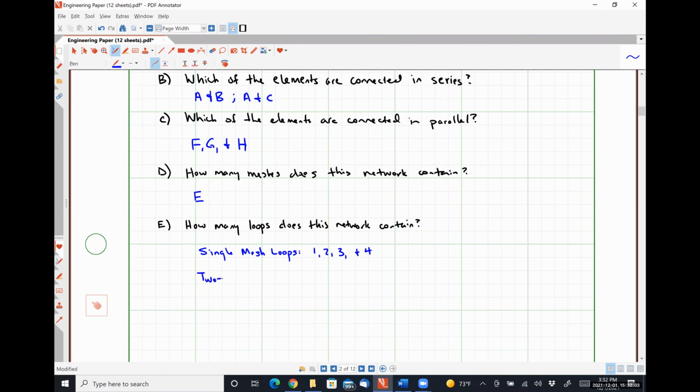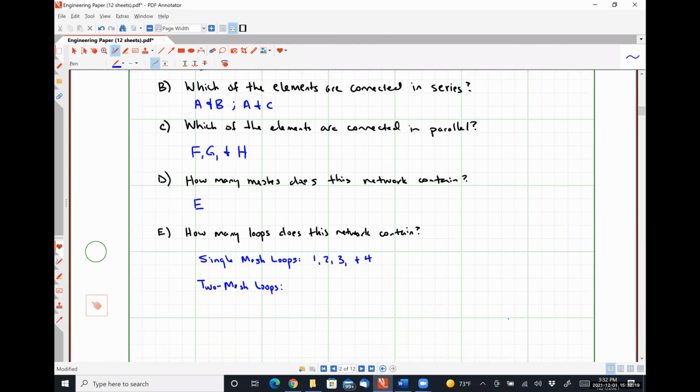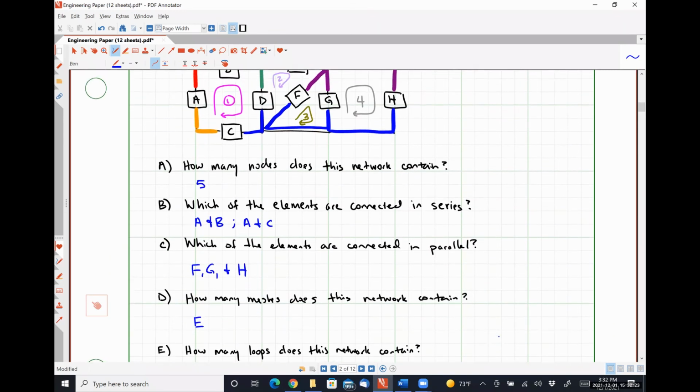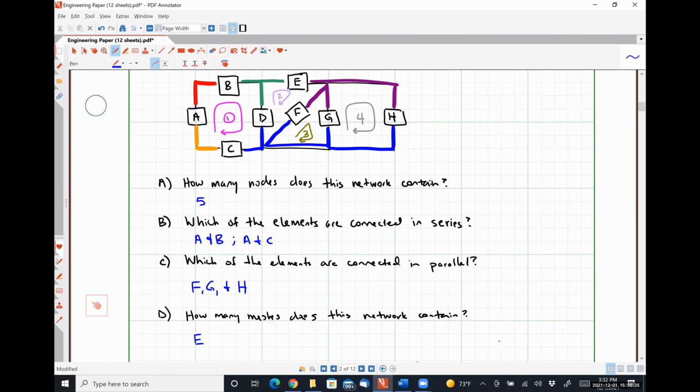Now we're going to have some 2 mesh loops. Running out of people whose names I know, so I might just start pointing to folks. Red shirt fella, I'm sorry, I don't remember your name. Carter. How many 2 mesh loops do we have? 3, exactly right. So there's going to be a loop that contains mesh 1 and 2.